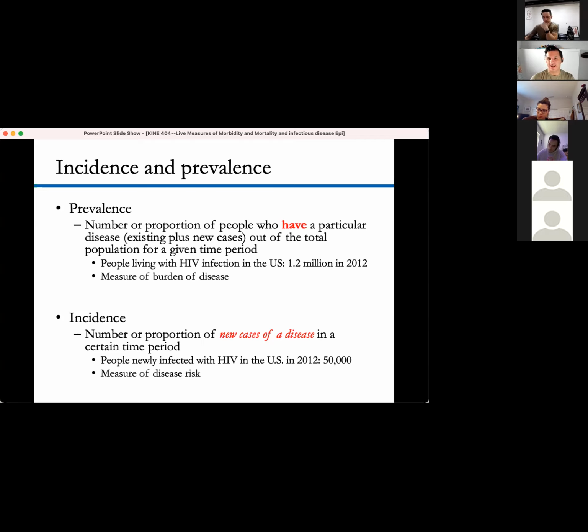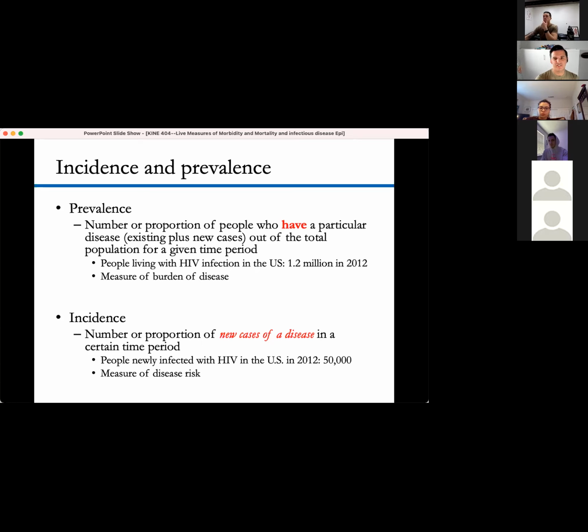Incidence, on the other hand, is the number of new cases of disease in a certain time period. So for example, incidence of HIV in the United States in 2012 was 50,000 cases. So there were just 50,000 new cases of disease. That's the basic count number. We can calculate that as a rate and say there were 2 new cases of HIV for every 100,000 people in the population in 2012 in the United States.